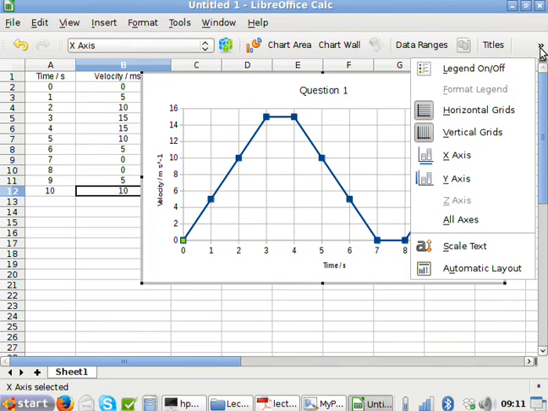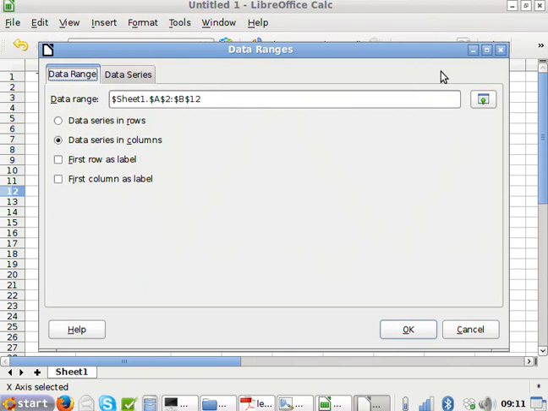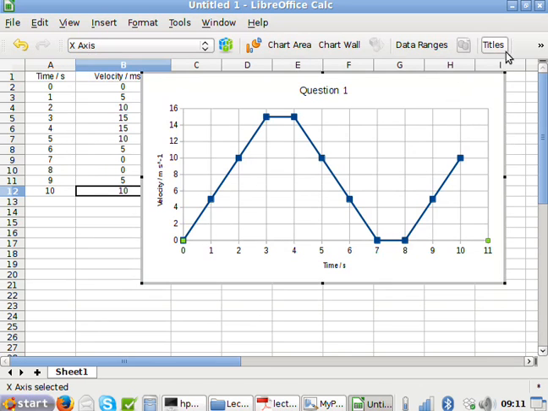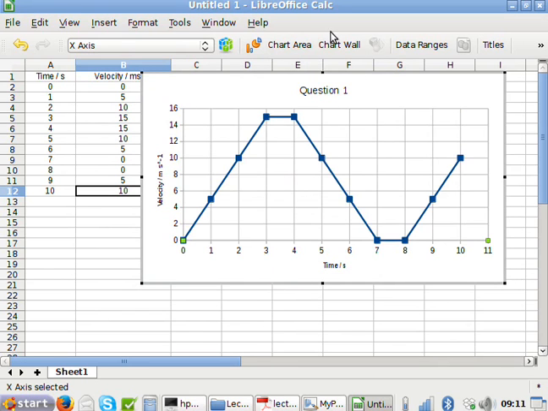Scale, here we go. We'll do it in 1 units. Much better. That's great. Actually, I can even do the y-axis as well, maybe.